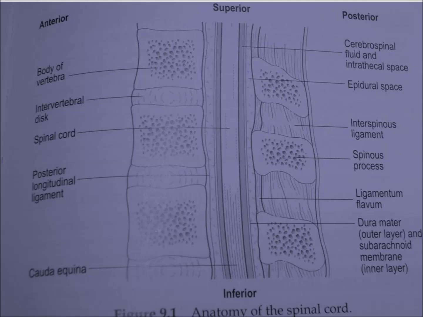This slide shows a sagittal view of the vertebral column, spinal cord, and surrounding tissues. The red arrow shows the posterior aspect of a patient and points to the skin. Now we look at the spinous process. Here are the interspinous ligaments.